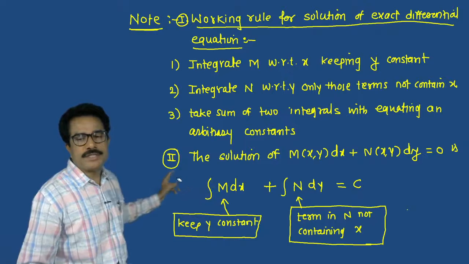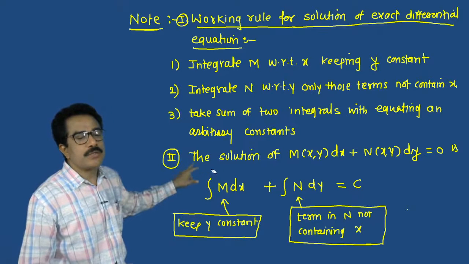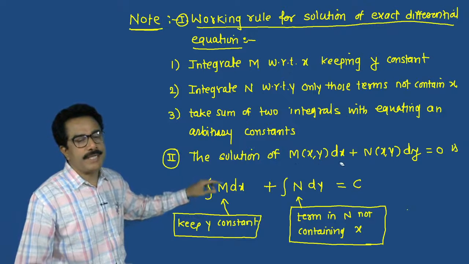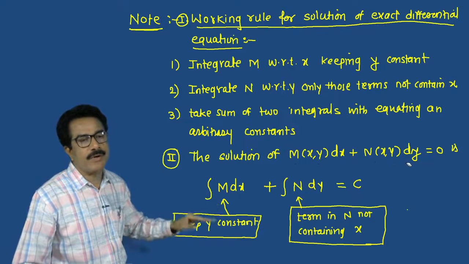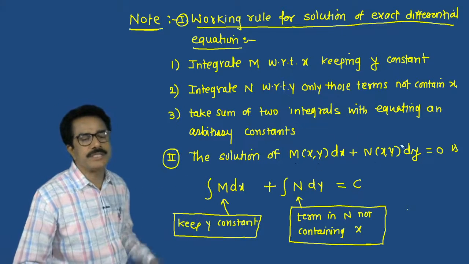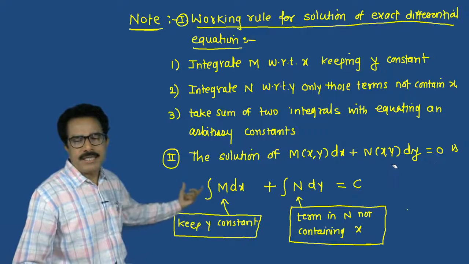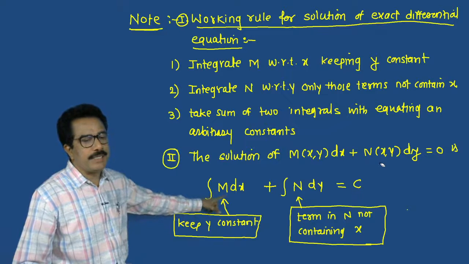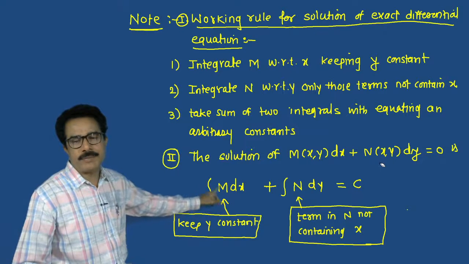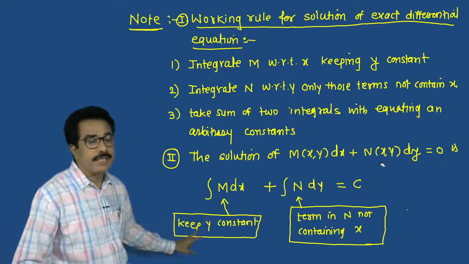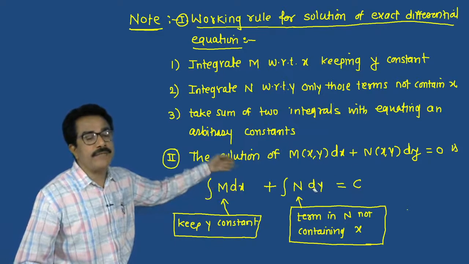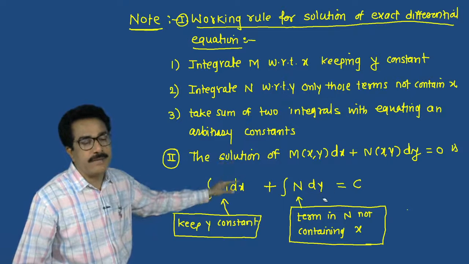Now you can use this second method directly. The solution of M of x comma y dx plus N of x comma y dy equal to 0, which is an exact differential equation, can be written directly as the integral of M dx, keeping y constant, plus the integral of N dy.